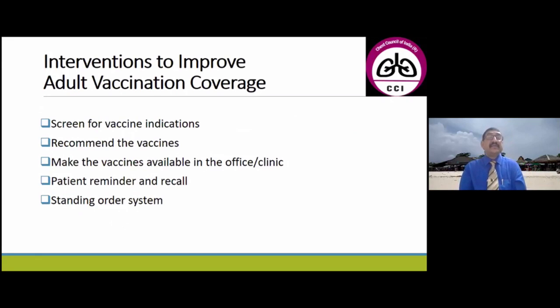So what are the interventions to improve adult vaccination coverage? Screen for vaccine indications, recommend the vaccine, make the vaccine available in the office or clinic, patient reminder and recall system, standing order system. These are the interventions you have to undertake to have an effective vaccine immunization program.